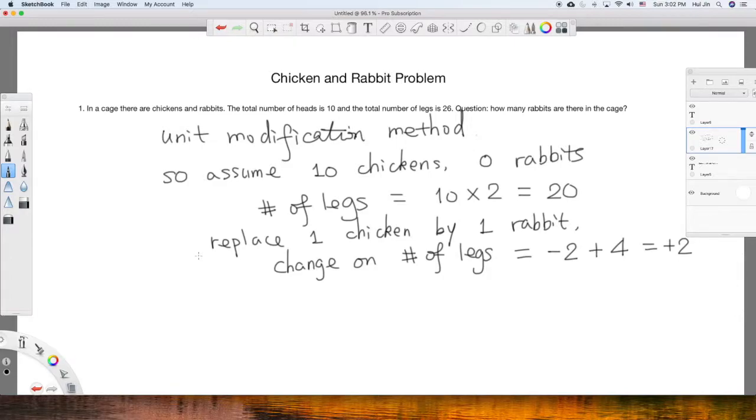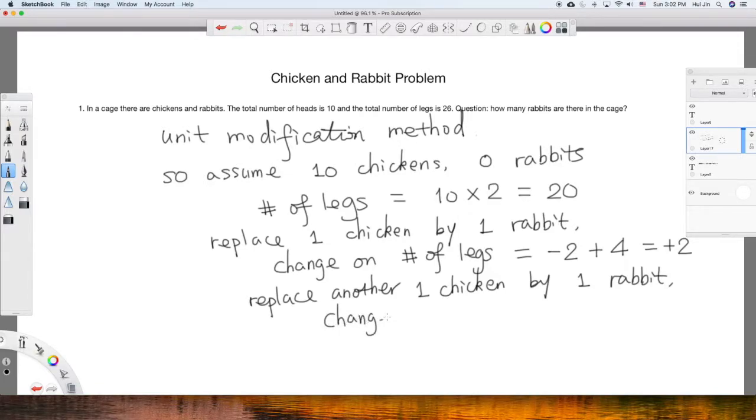But once you understand that replacing one chicken by one rabbit increases the legs by 2, you can say that if I replace another chicken by another rabbit, the change in the number of legs is again 2. That makes it 24 now, and here is 22.